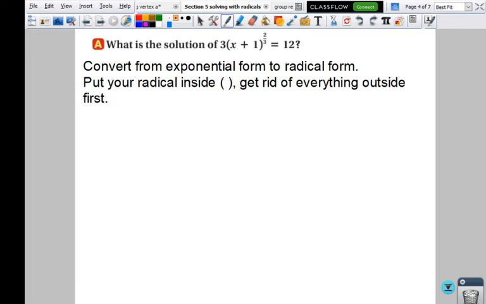I'm going to put my 3 out in front. He's just going to chill for a while. I'm going to have my x plus 1, and then a radical. What is going to be my index on this radical? 3. And what's going to be my exponent? 2. Yep. And then it's still going to equal 12.